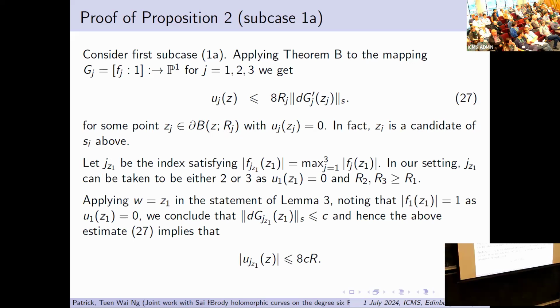Now at this particular point, let's assume the maximum of this one is obtained by this index j_1. In fact, this j_1 has to be equal to 2 or 3.